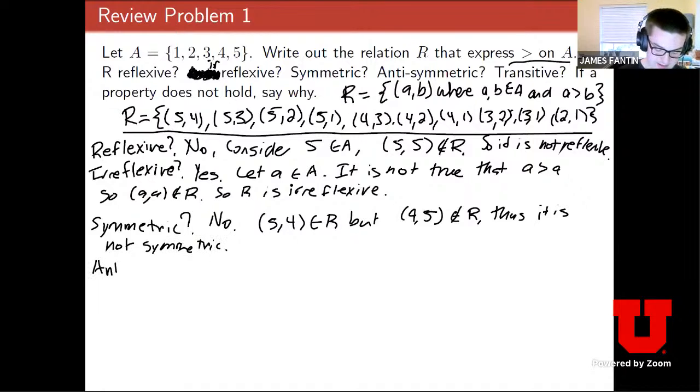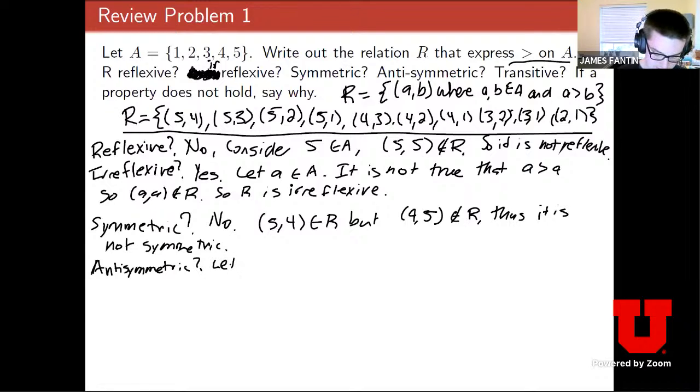Is this anti-symmetric? Yeah, so some people typing in chat, yes, it is anti-symmetric. So let's show it.